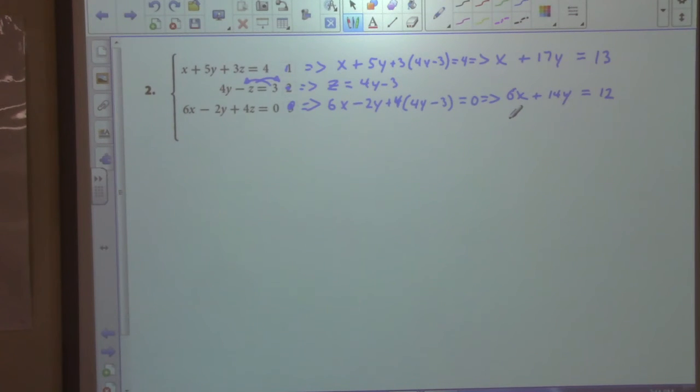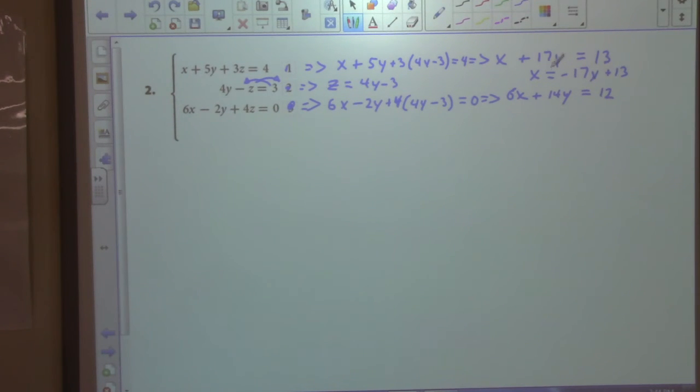The top equation? Yes, I would subtract 17y. So you'd have x equals negative 17y plus 13.